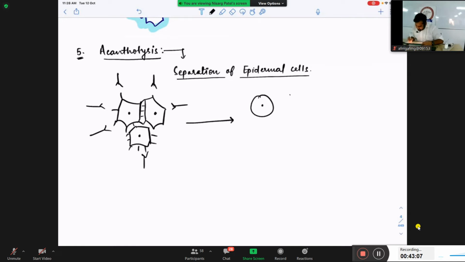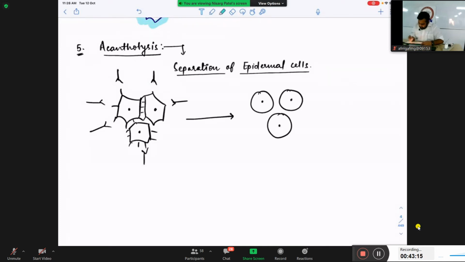These cells become round. This cell will become round shaped. And because of this gap increase between two cells, a fluid will start accumulating around it. And because of this fluid accumulation, patient will develop blister.